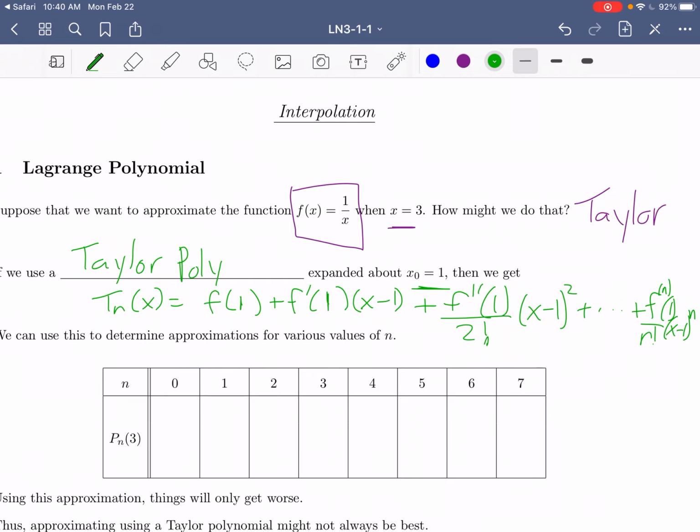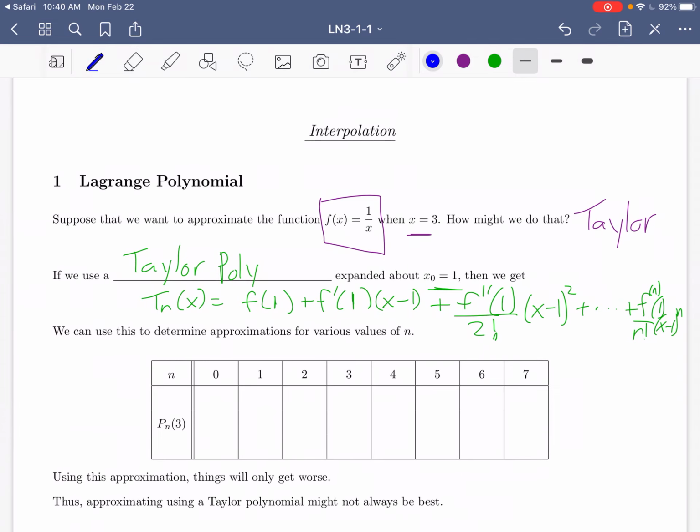And so we could do that. If we did that for this particular function, then if we just use the first term, when you plug 1 in, you get 1, and that would be it.